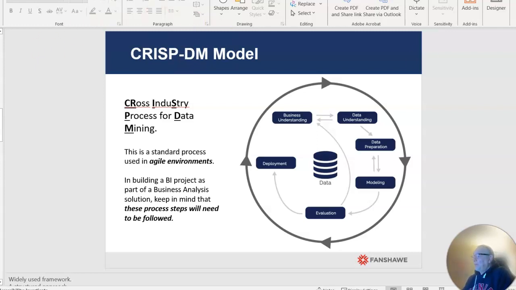And then finally we deploy our model into the operational environment that we ask it to do.